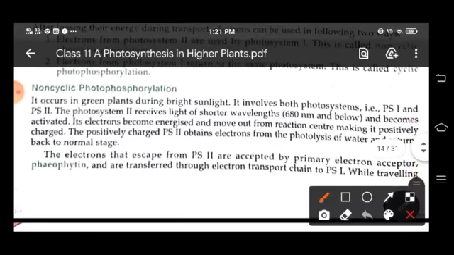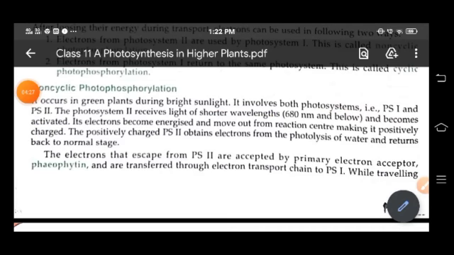Now you know, children, that non-cyclic photophosphorylation occurs in bright sunlight and involves both the systems, PS1 and PS2. Now PS2 receives light of shorter wavelength and becomes activated, whereas the positively charged photosystem 2 obtains electrons from the photolysis of water and returns back to the normal state.